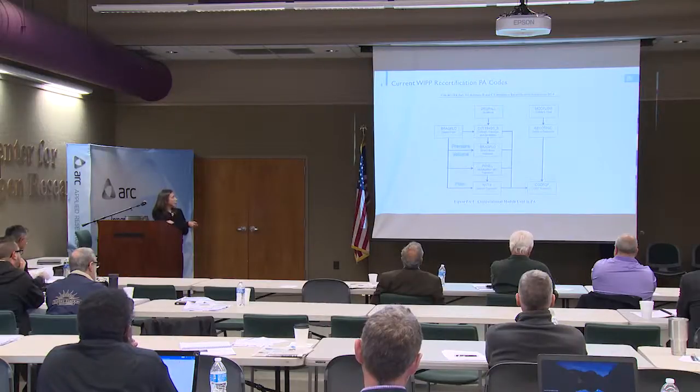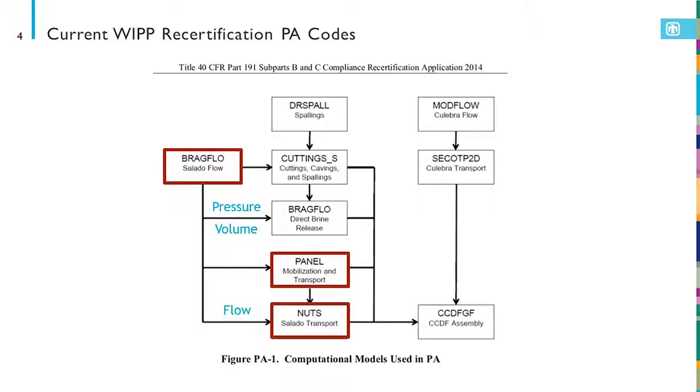Here's a diagram of the current codes that are used in WIPP PA. So BRAGFLO is the 2-phase flow code that's used on that 2D grid to simulate flow in and around the repository.